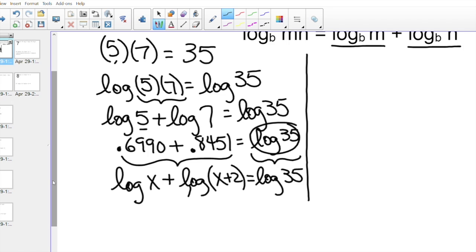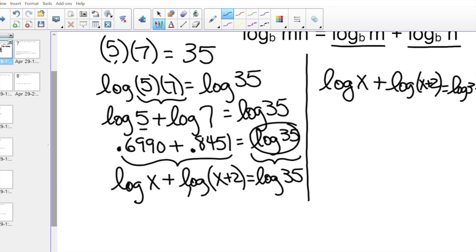Now that's what we're going to try to do, to see how you would solve this problem. How would you actually take that and find out what x is?